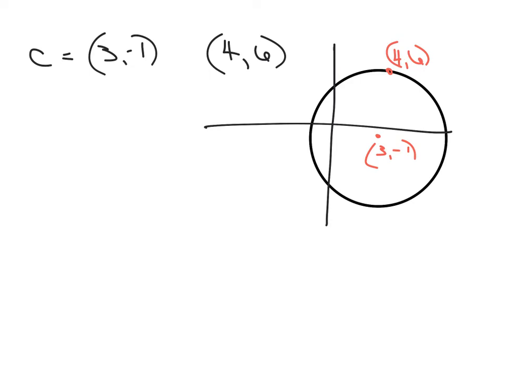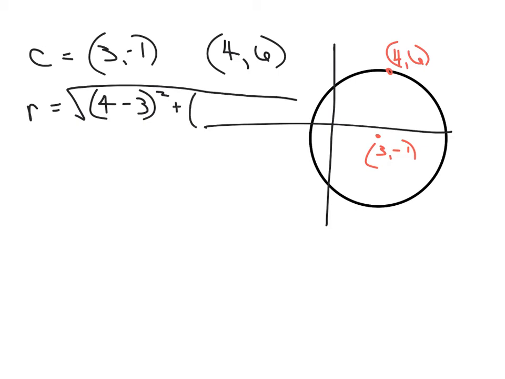So what we're going to do is use our formula to find the radius, because in order to solve this, we need the r value. We also need our h and k values.